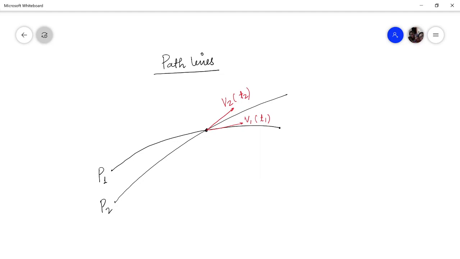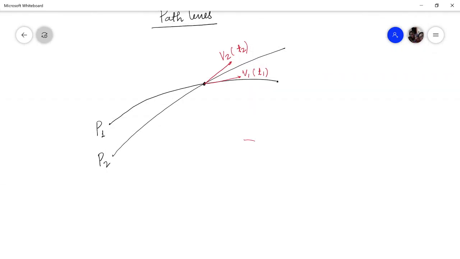There is no strict rule against it; two path lines can intersect. Moreover, if a particle P1 falls back, forming a loop or closed path, this is also permissible. At this point the velocity is v1 at some time t1, and when the particle comes through the loop and arrives at this point again, the velocity here is v2.